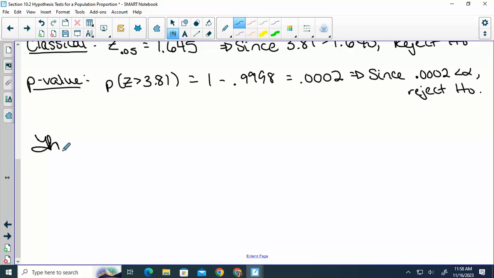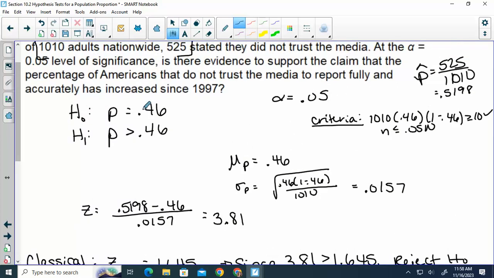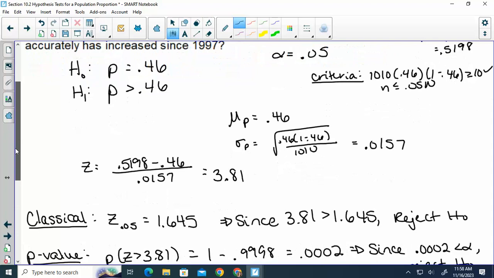So, there is enough evidence to conclude. So, we're rejecting the null, so we are concluding the alternative. The proportion has increased.